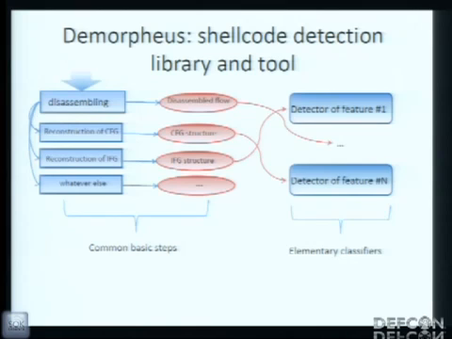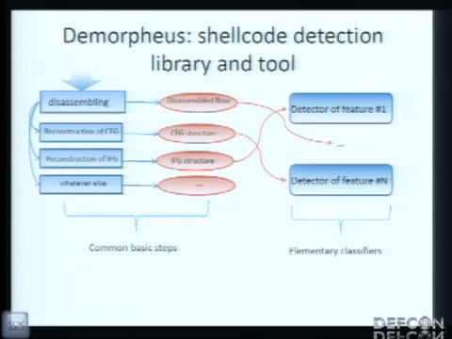During analysis of existing shellcode methods, we noticed that almost all of them could be presented as some kind of combination of elementary classifiers or detectors of specific shellcode features.